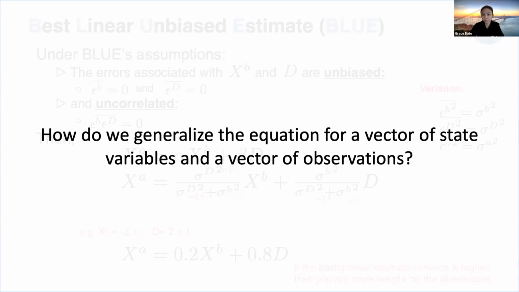So I've shown you an example for the scalar case, but this is not how we do it in practice. In practice, we deal with high dimensional problems. And the question is, how do we generalize this equation for a large number of state variables and a vector of observations?